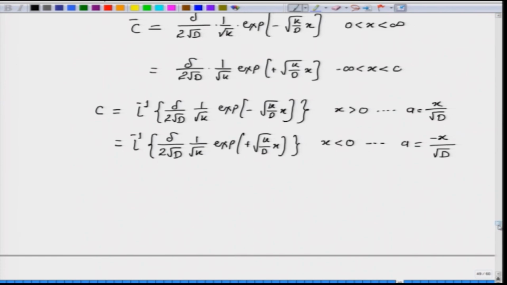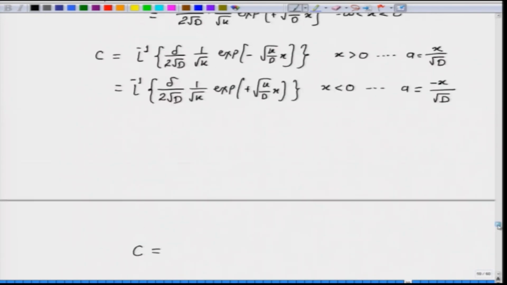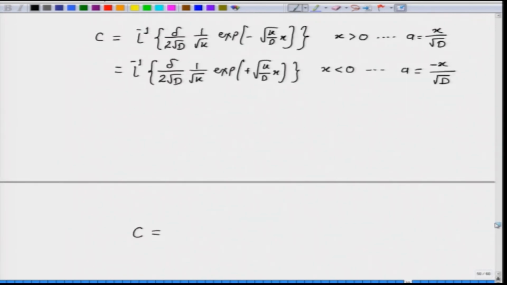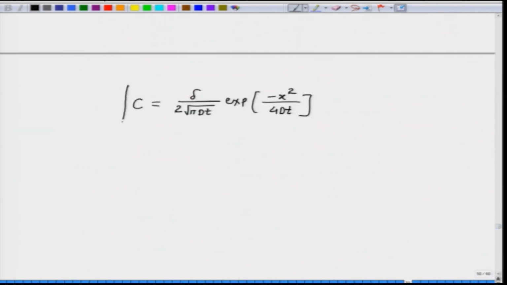So, for both the cases we have the solution C equal to delta by 2 root d is a constant. So, delta by 2 root pi dt exponential minus x square by 4 dt. So, this is the solution when we have a planar source, infinitesimally small in thickness, sandwiched between two blocks of A.